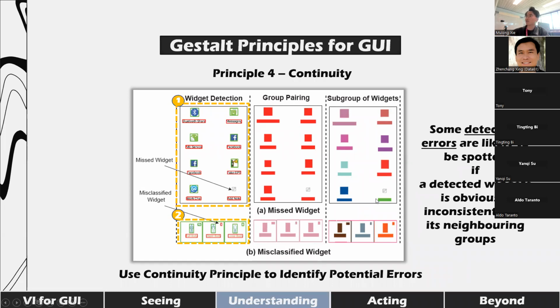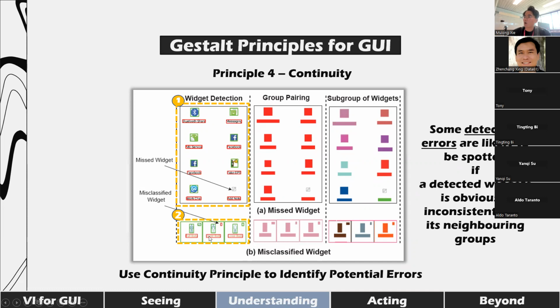And then we use this principle to try to use our detector to detect it again with restrictions and parameters to try to fix this error. Also, for the second one, for the misclassification, we can see the green box is non-text and the red box is text. So we can see actually the two subgroups have a non-text element on the right top side, right?